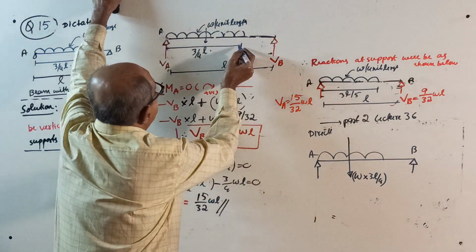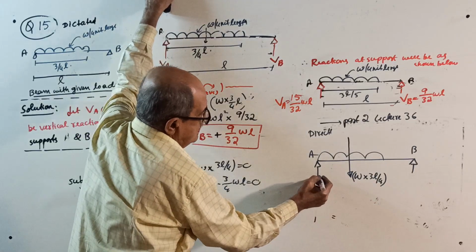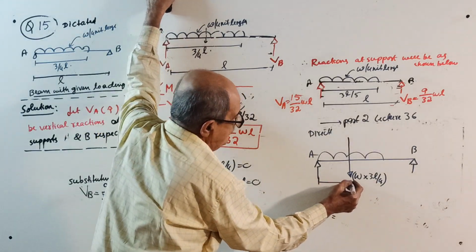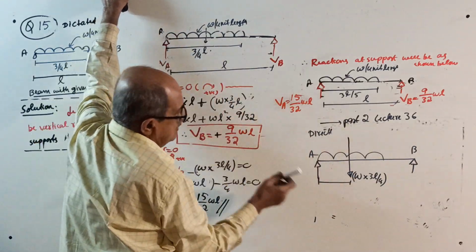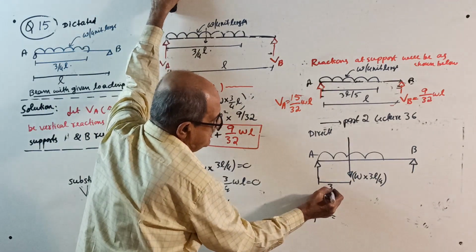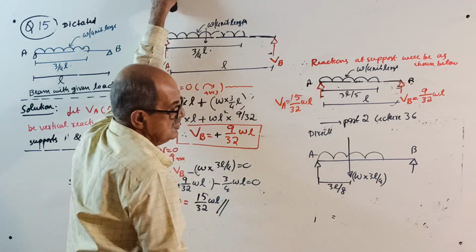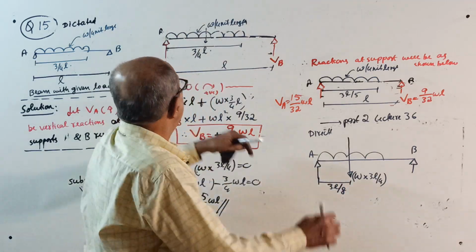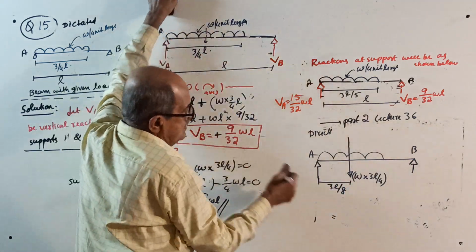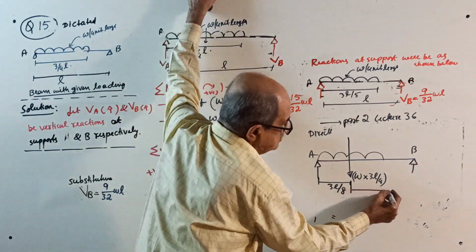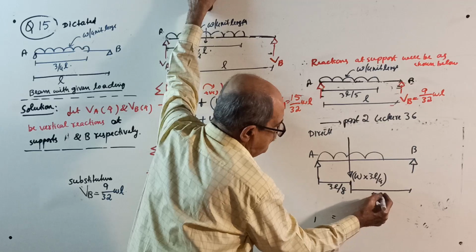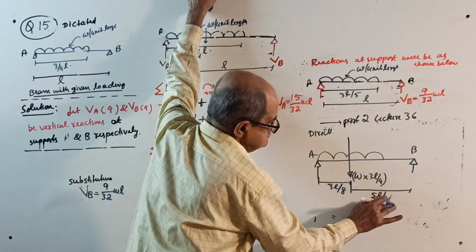Now, if this is 3L by 4, the distance from here to here will be half of 3L by 4. It is 3L by 8. If this is 3L by 8, surely this will be 5L by 8.